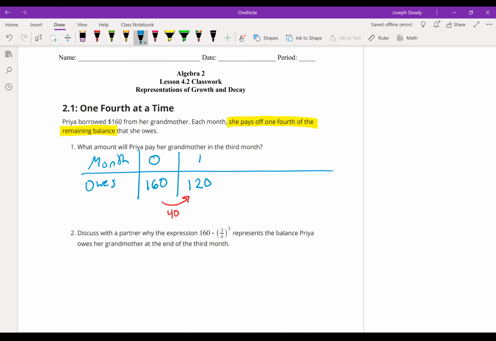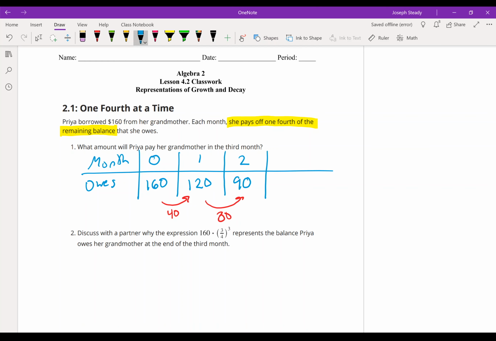And we can keep going with this. If she again pays off 1/4 of what is now remaining, the $120, well, 1/4 of 120 means she's going to pay $30. So now after 2 months have passed, she only owes $90.